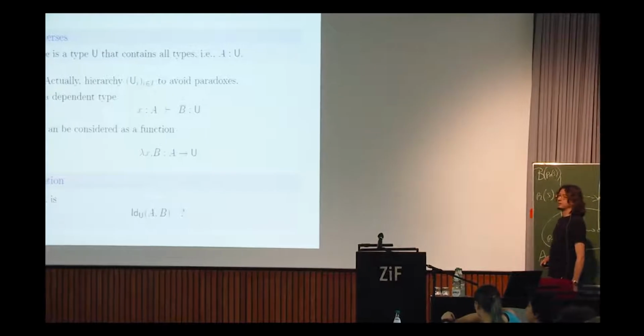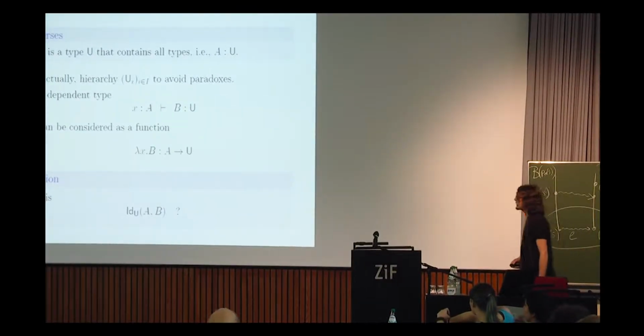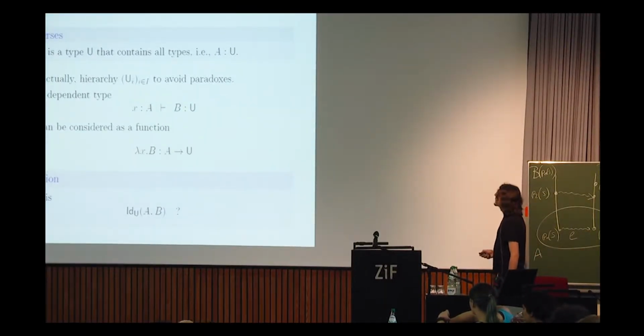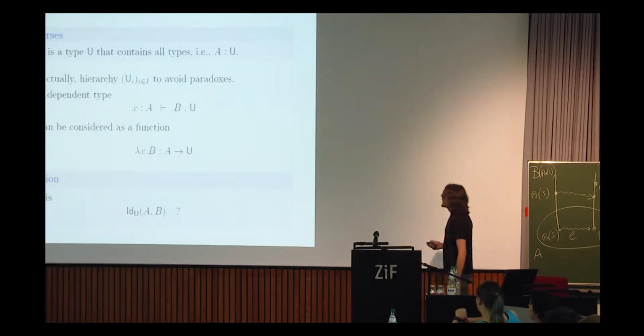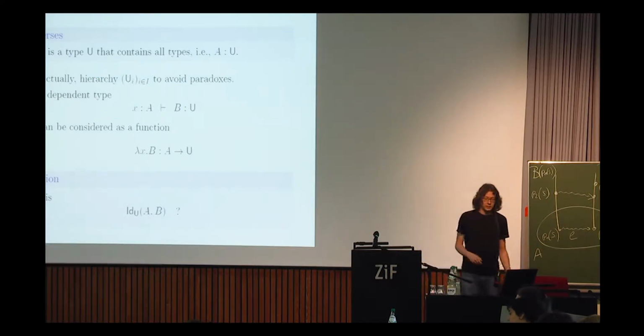So there is a type U that contains all types. Okay, this is a very rough approximation of what a universe is. So when A is a type, I can write A colon U. As I've already mentioned, we actually need a hierarchy of universes in order to avoid paradoxes such as the Russell paradox.